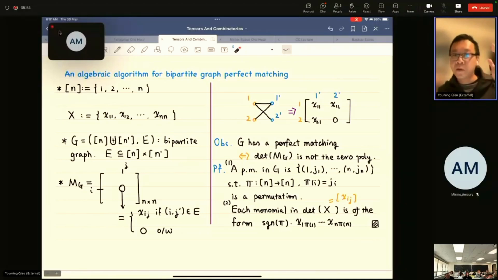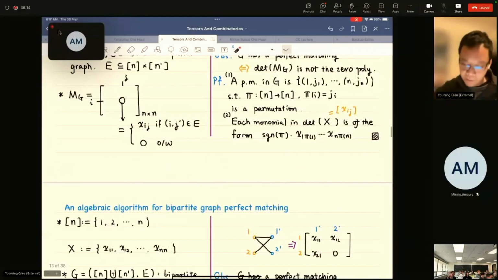In other words, perfect matchings in the graph correspond to permutations, and monomials in the determinant correspond to permutations, and from this correspondence you can easily see that this should be true. I will send out the slides later, so you can read into this later, but this is essentially the idea.